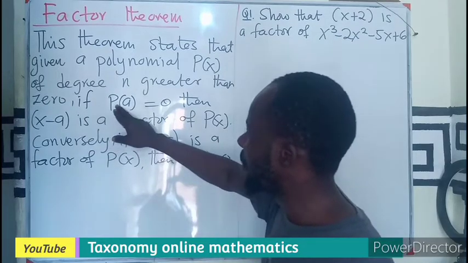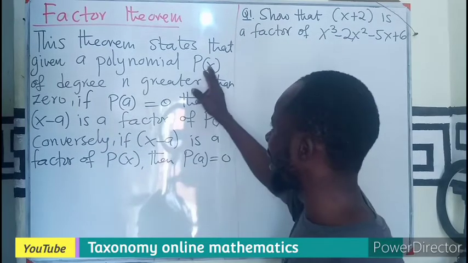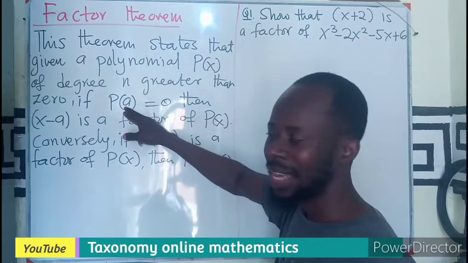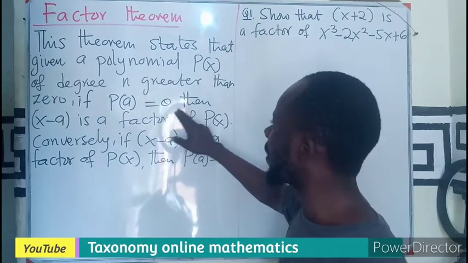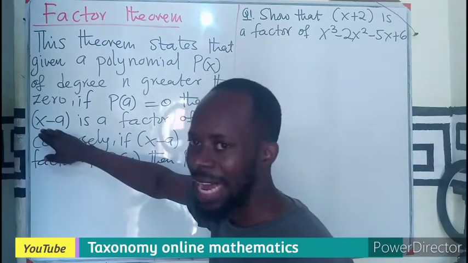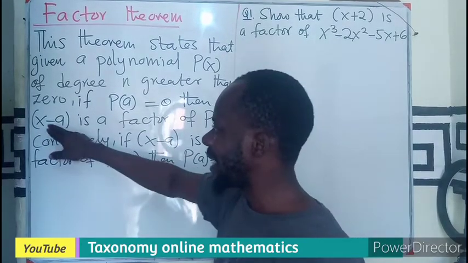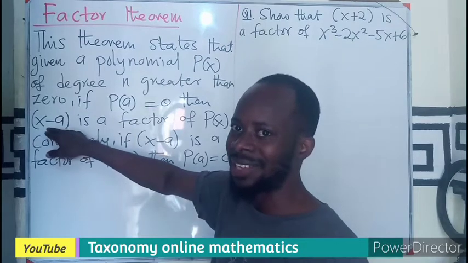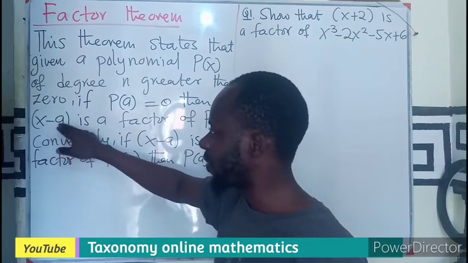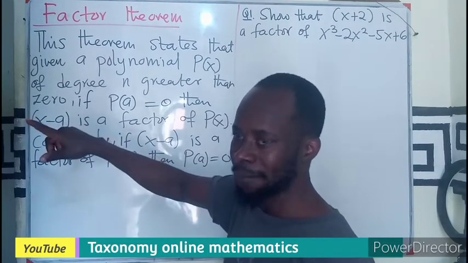If we have p of a, that is, x being replaced by a, giving us 0, then we are going to say that x minus a, setting this linear function to 0, meaning x minus a equals 0, will give us a.